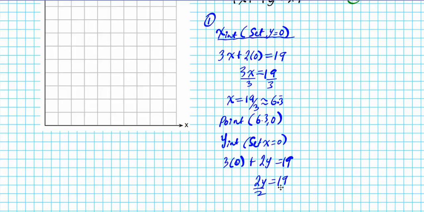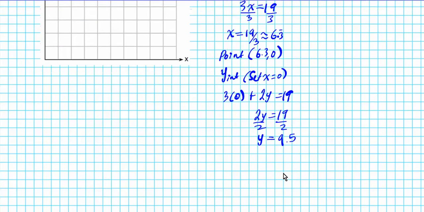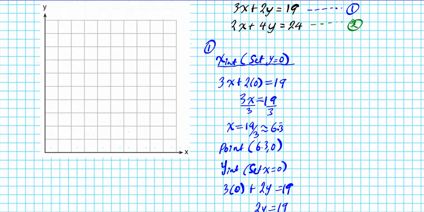Divide both sides by 2, and you have y equals 19 over 2, or 9.5. So the other point is 0, 9.5. If we graph these 2 intercepts, then we can use that to draw the first line.